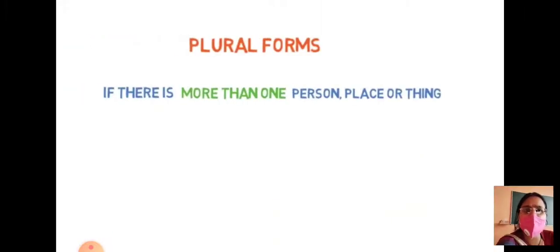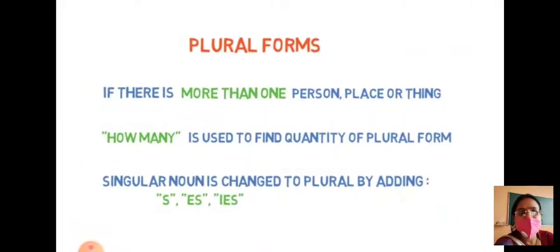Now let us think about what we mean by plural forms. If there is more than one. In singular we have studied only one and only one, but in plural there is more than one place, person or thing. Then we ask ourselves a question: how many is used to find the quantity of a plural form.